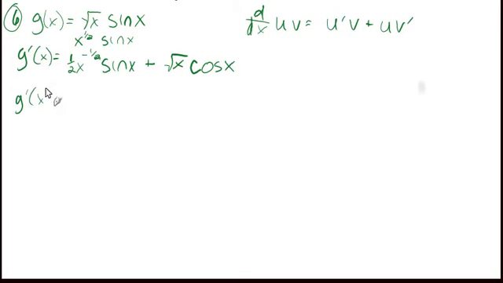So g prime of x is equal to, let's say, the sine of x over 2 times the square root of x plus the square root of x times cosine x. Okay, that should do it.